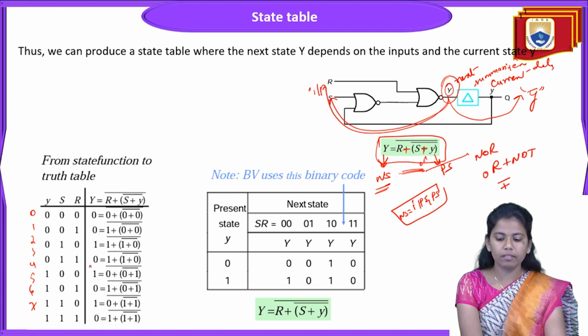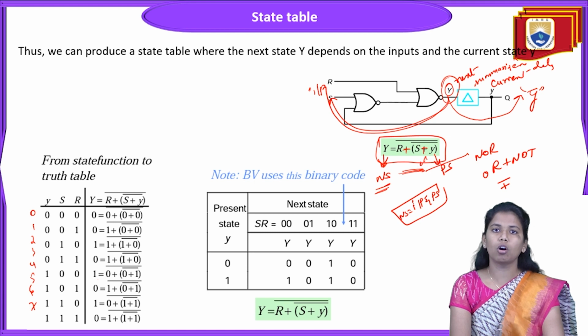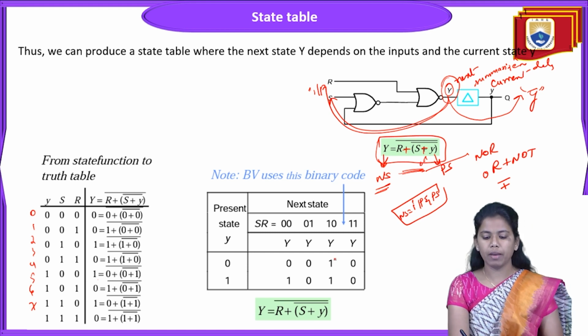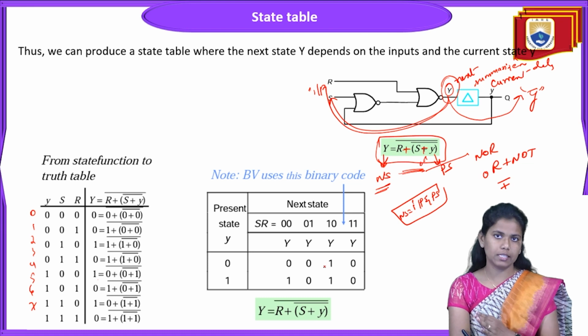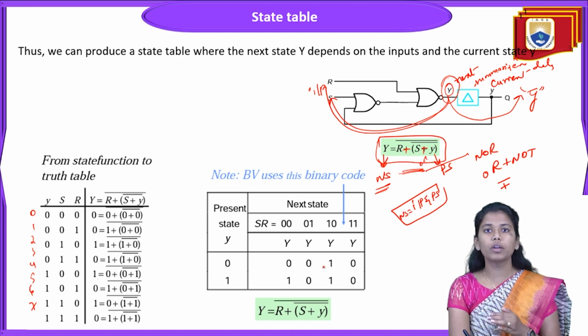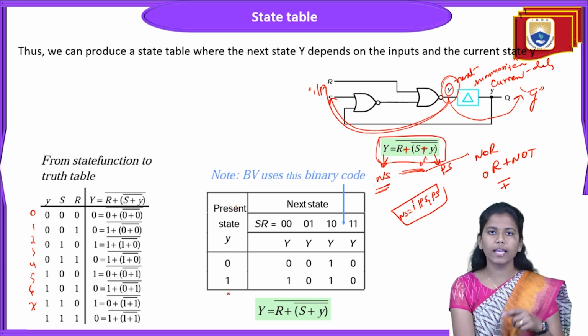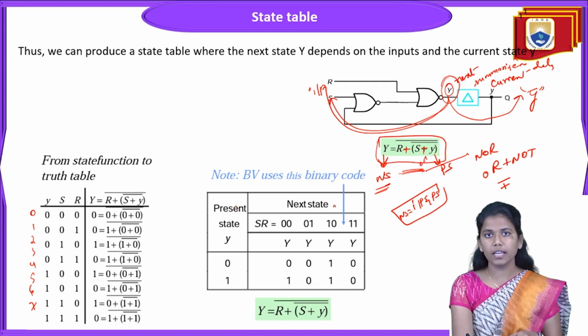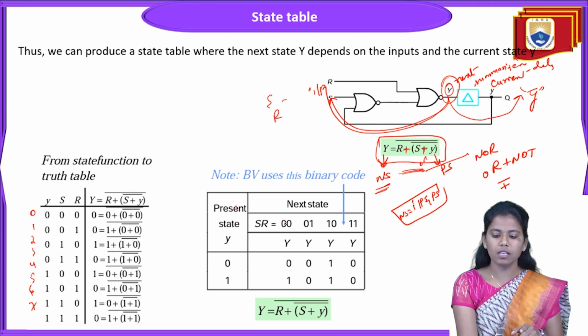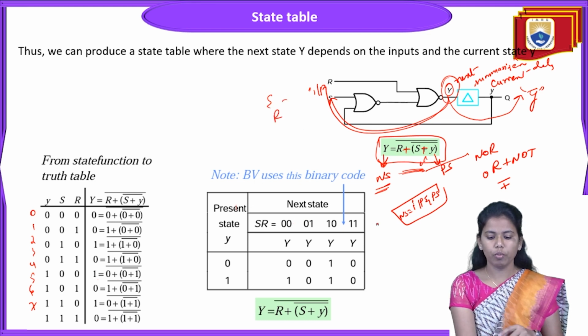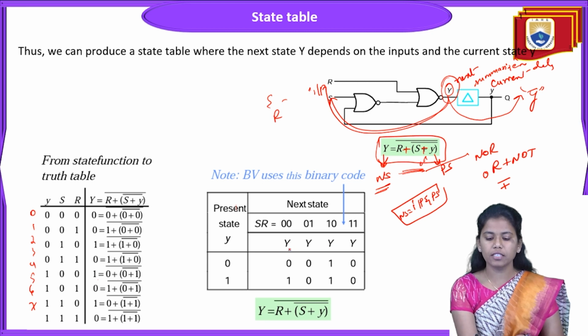After getting this, what do we need to do? We need to draw the Karnaugh map. This is a table where we represent the next state as well as the present state, including the input. My present state is Y, and I'm going with 0 or 1. My next state goes as per the set and reset, that is 00, 01, 10 and 11. So my next state is represented with Y. When my present state is 0, the next state is 0 for input 00.